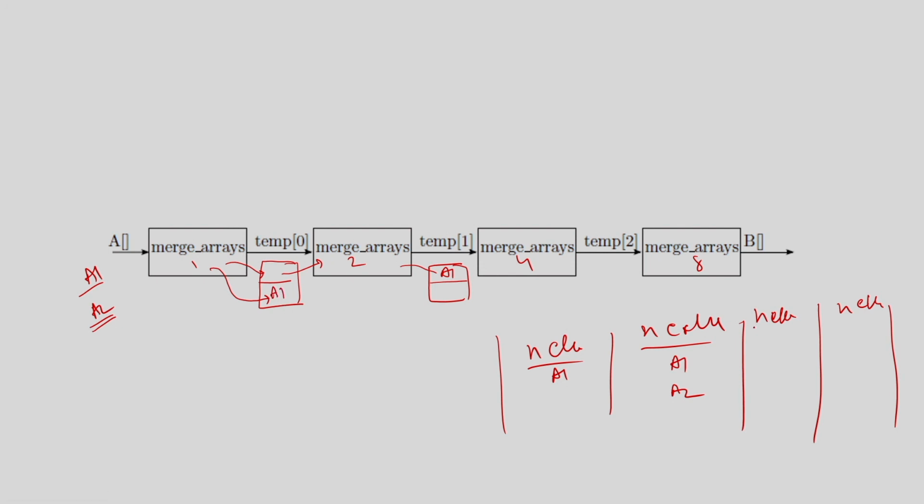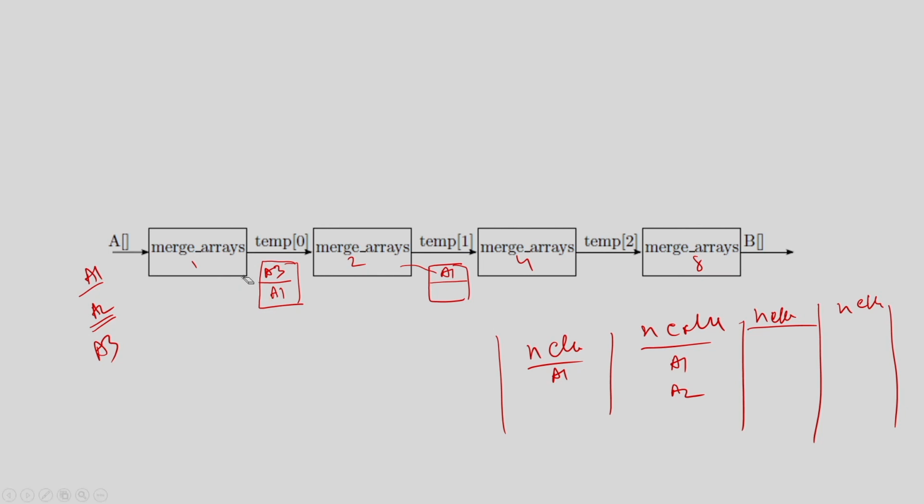Now, consider the next n clocks. I am going to give the next array A3, and the first block will process A3 and do the merge by 1, and I will store it here, right. At the same time, the second block will take the data from the even array.